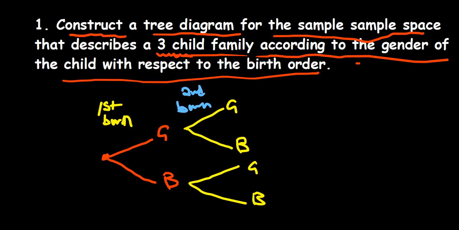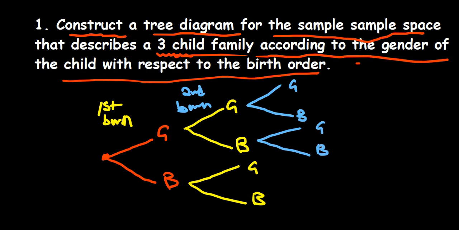Okay, and then from there we can also come up with the probabilities of the third born. So for the third born, we are going to go to this point here. At this point we have a girl. So from this girl, the third born can either be a girl as well, or a boy. Even this one here, a boy, can either be a girl or a boy.